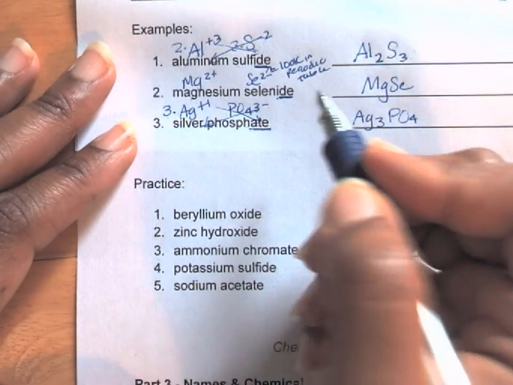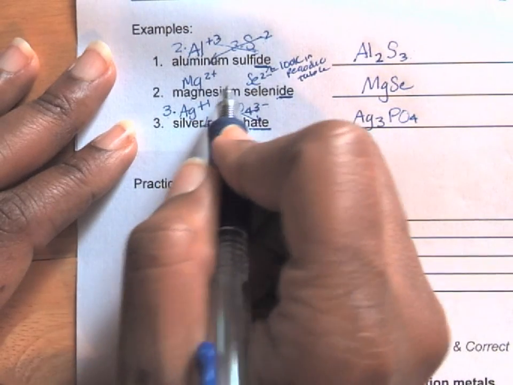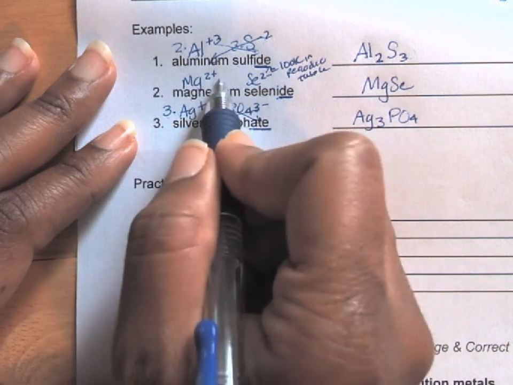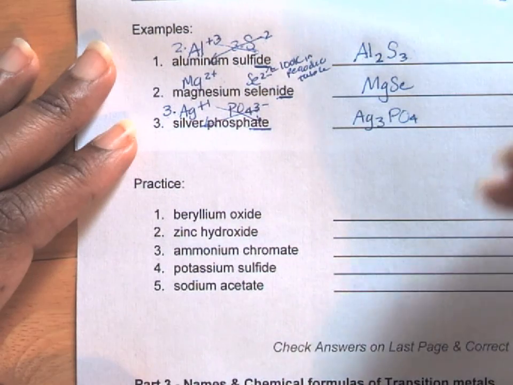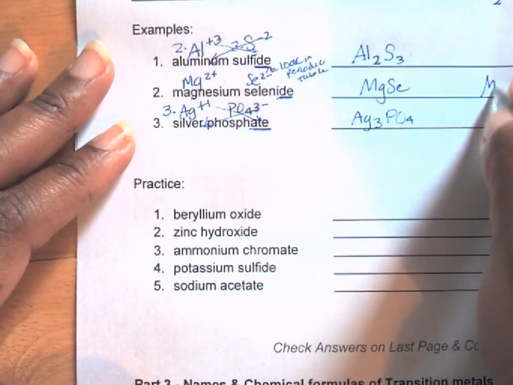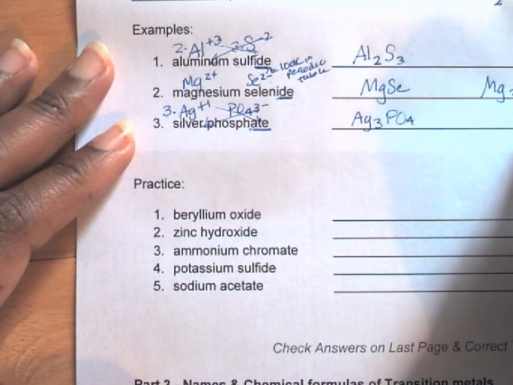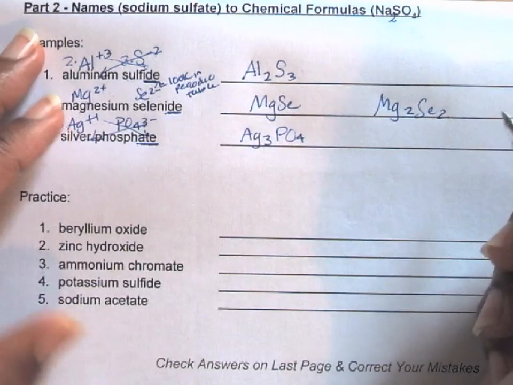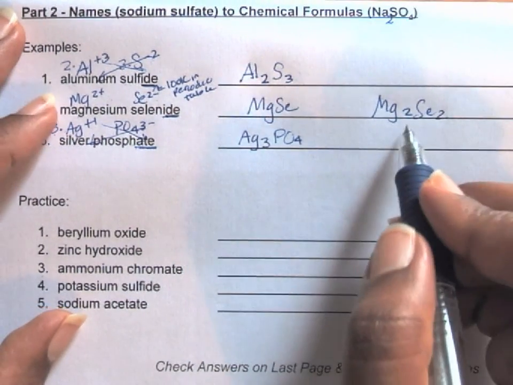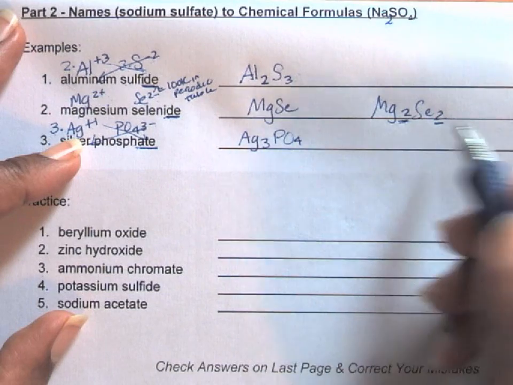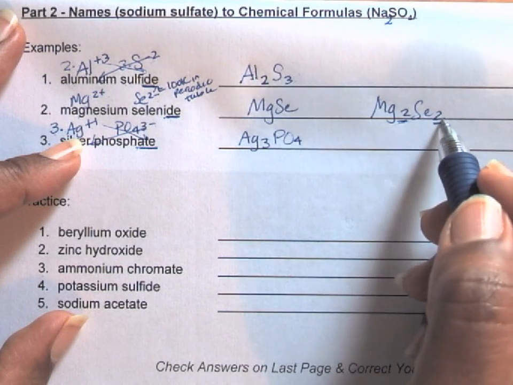Now, one thing I want to point out here is if you were to use the crisscross method for example number 2, then it would look like your chemical formula should be, and I'll just write it on the side, Mg2Se2. The reason why this is incorrect is because, once again, you want the subscripts to be the smallest number ratio. 2 and 2 is not the smallest ratio.